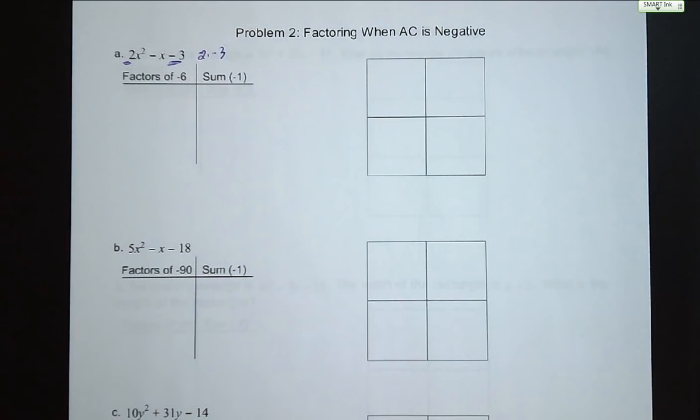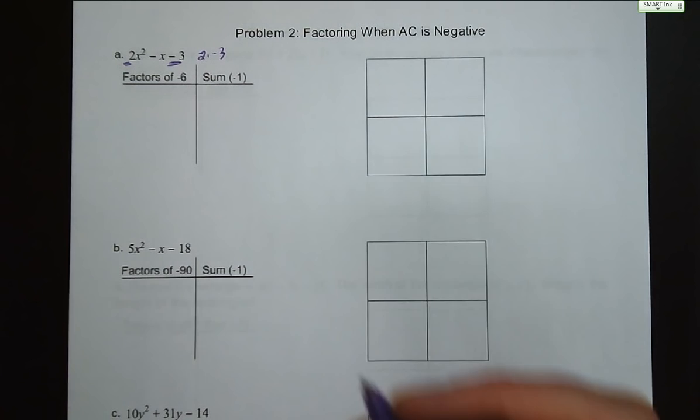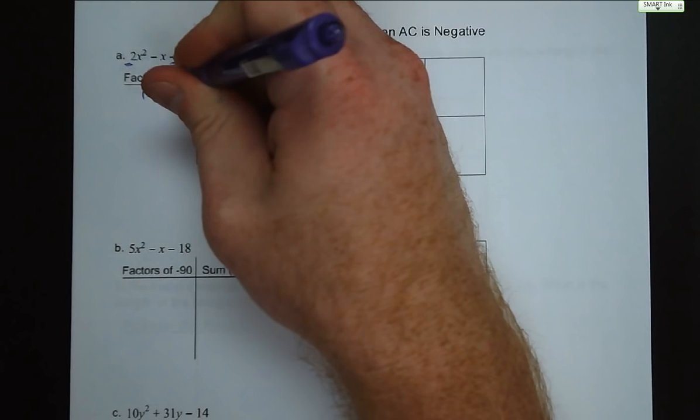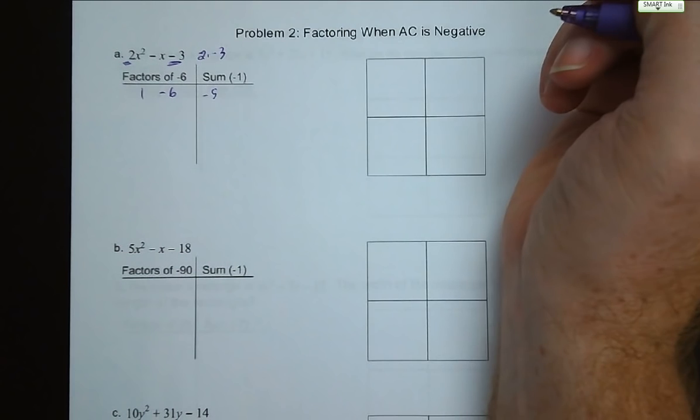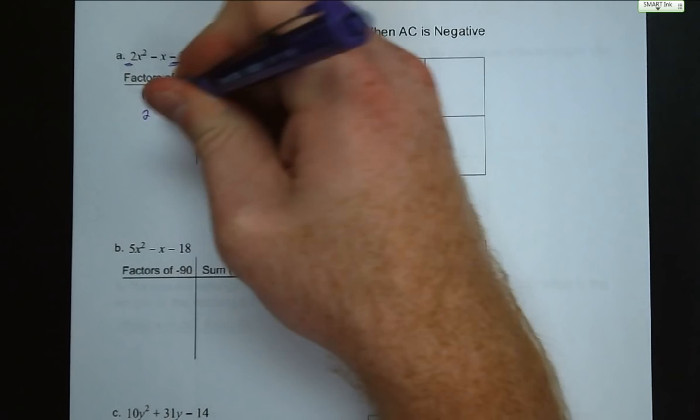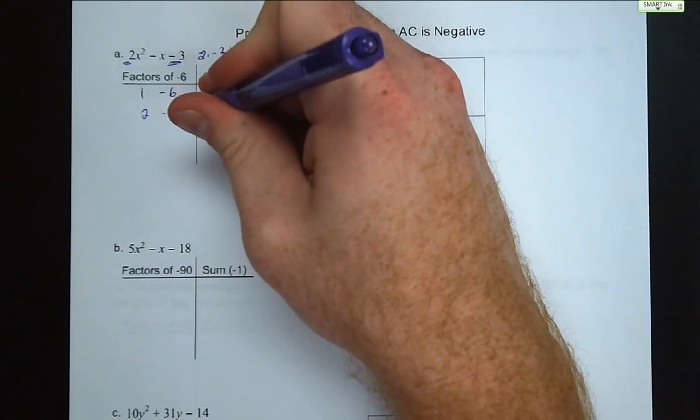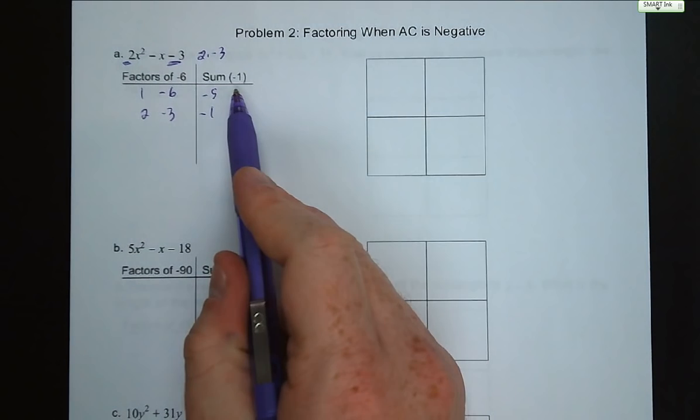So we need to know that our negative value has to be the greater of the two digits. So we've got a 1 and a negative 6. That sum gives us negative 5, not what we're going for. 2 and negative 3, that's going to give us a sum of negative 1, which is what we wanted.